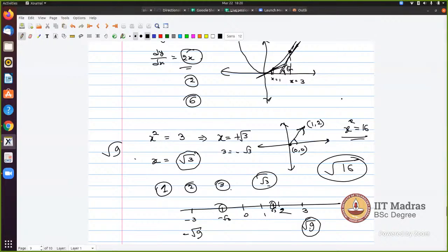There are two solutions: one is plus root 16, another is minus root 16, which are plus 4 and minus 4. Got it? Yes, sir.